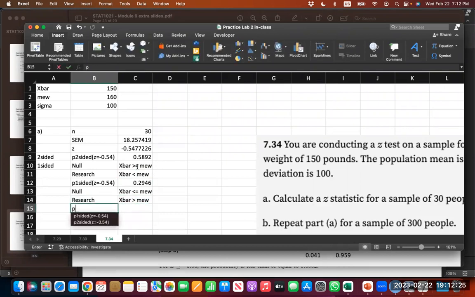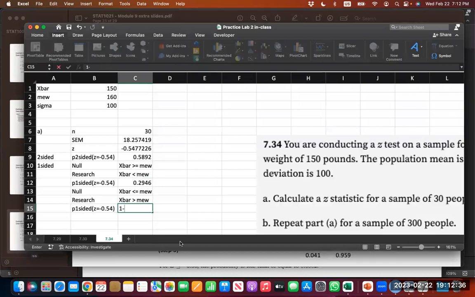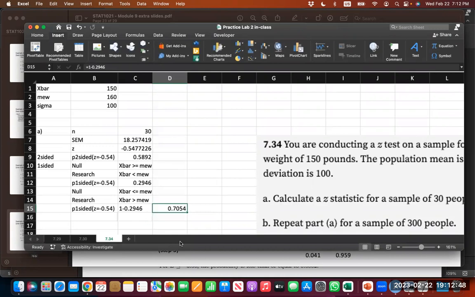So again, we're testing towards a p one-sided greater than this set score. That would be calculated as 1 minus our 0.2946, and that's 0.754.